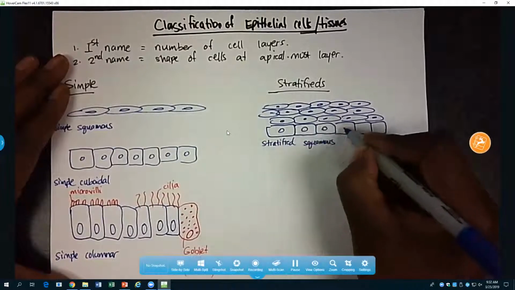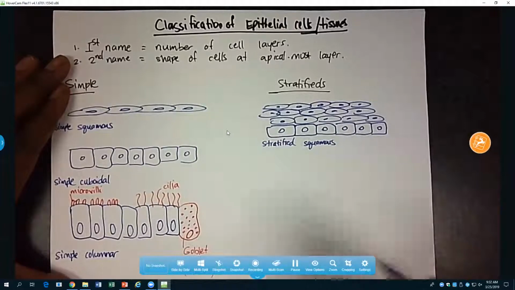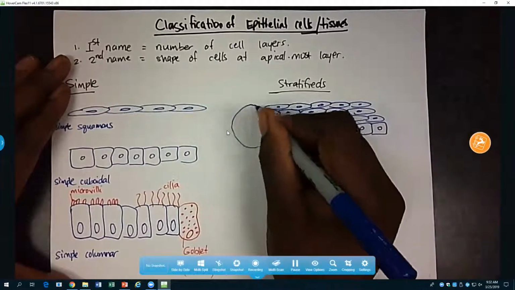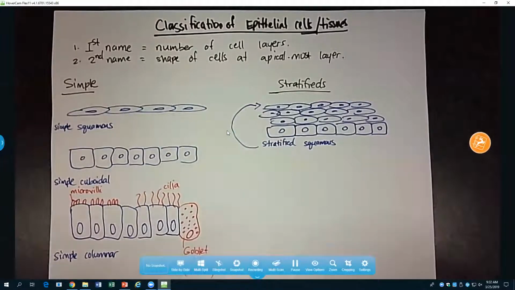Now, because the cells at the topmost layer here are flat, this tissue is going to be called stratified squamous and not stratified cuboidal. Remember, stratified tissues are named according to the shape of the cells at the topmost layer. Okay.